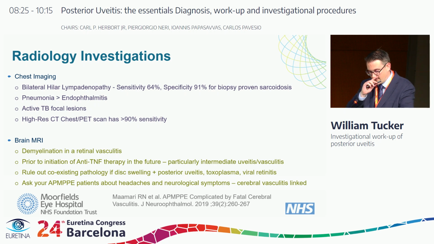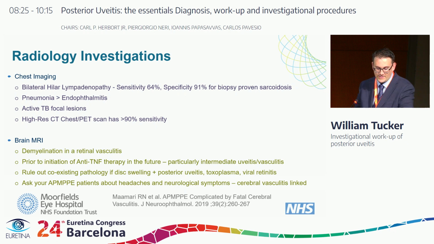And a point that's come up in the last few years is around AMPI. AMPI can be associated with cerebral vasculitis. And in fact, there are cases that are going to be reported in the literature, and this one is from a few years ago, but there are some more coming out soon that we've heard about anecdotally of patients dying of cerebral vasculitis, and perhaps dying because, unfortunately, the ophthalmologist didn't act quickly enough to refer them onwards for testing for their cerebral vasculitis, which could include a brain MRI.